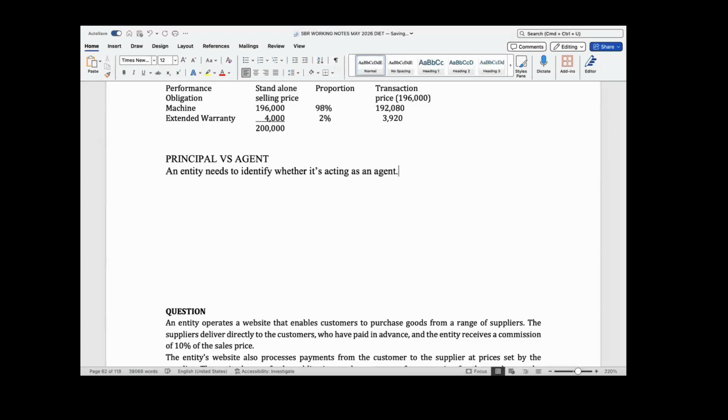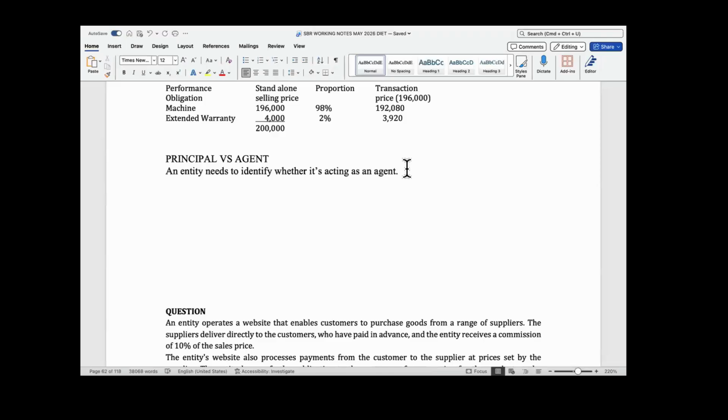But there are instances where you think you're the one selling, whereas you are just acting as an agent. All these Jumia, these online service providers, these Uber, most of them are majorly acting as an agent.